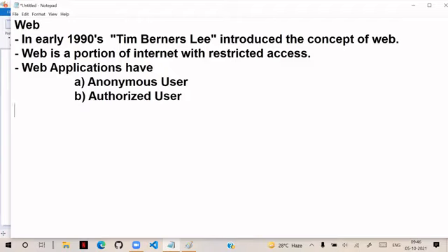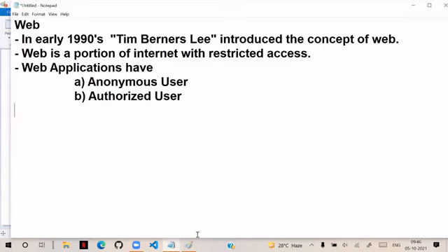Anonymous user means guest. A guest user can open the website and watch certain details. After that, if he wants to move forward and access more information, then he needs to register and log in.